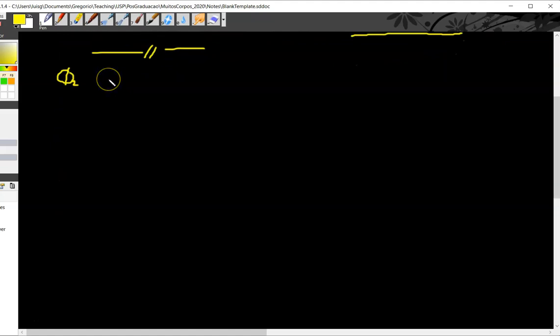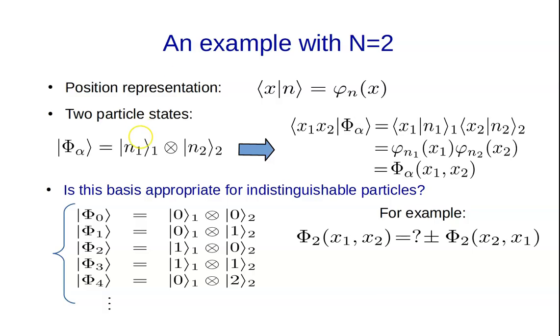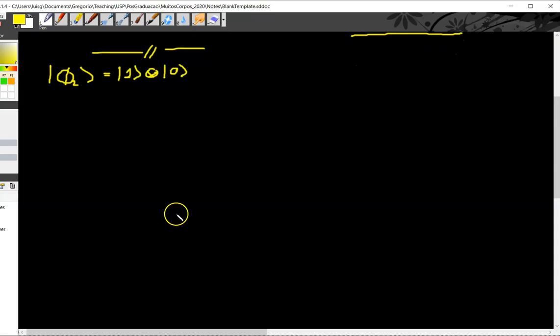So psi 2, which is, as we had in the slide, described like this, if I'm not mistaken. Yes, that's right, 1 and 0. All right.